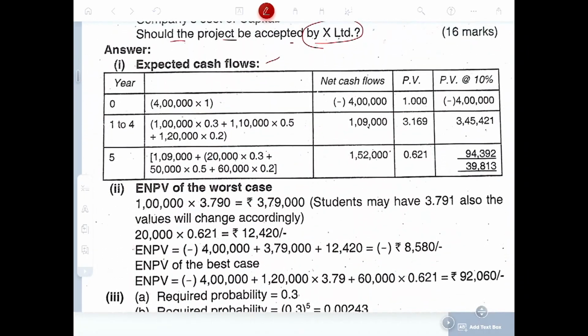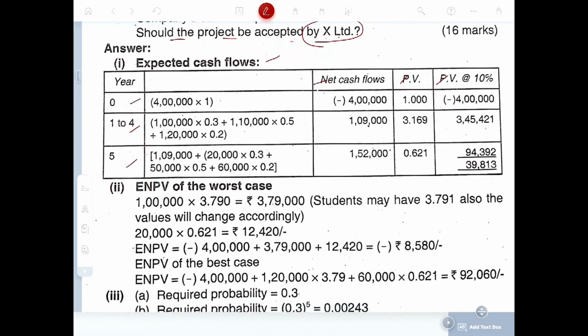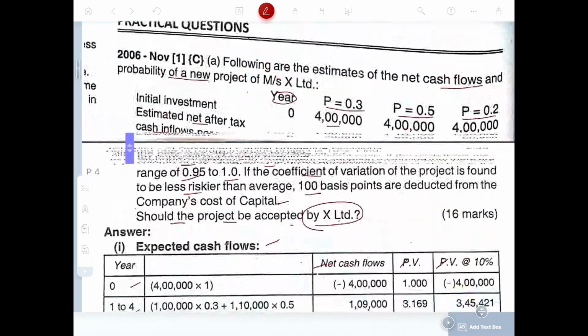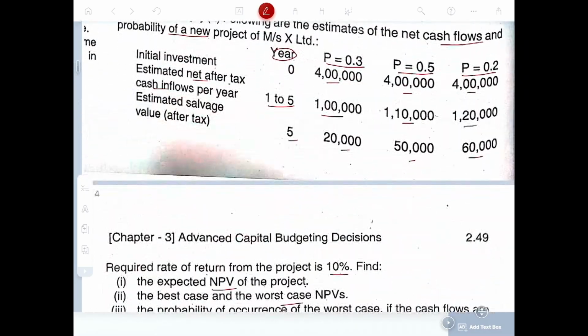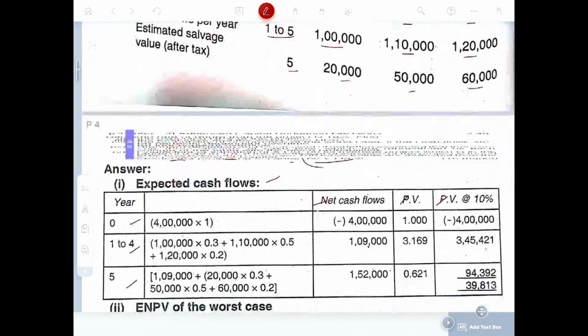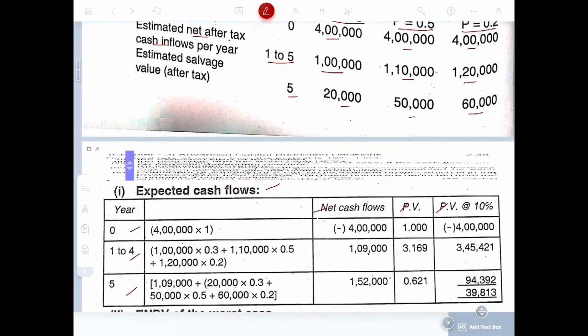Expected cash flow for years one to four, and year five. So net cash flow, present value at 10%. The cash flow is 4 lakhs, 4 lakhs.